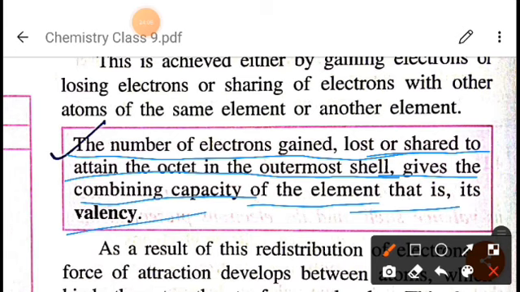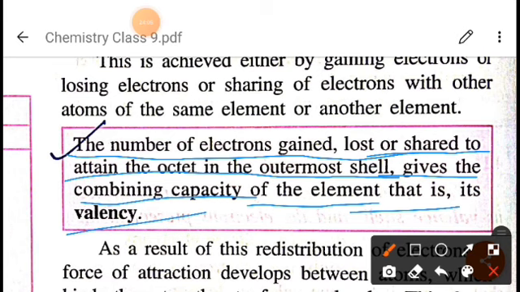If they share 3, then the valency will be 3. Just like this, the number of electrons gained, lost or shared to attain an octet in the outermost shell gives the combining capacity of the element, that is, its valency.